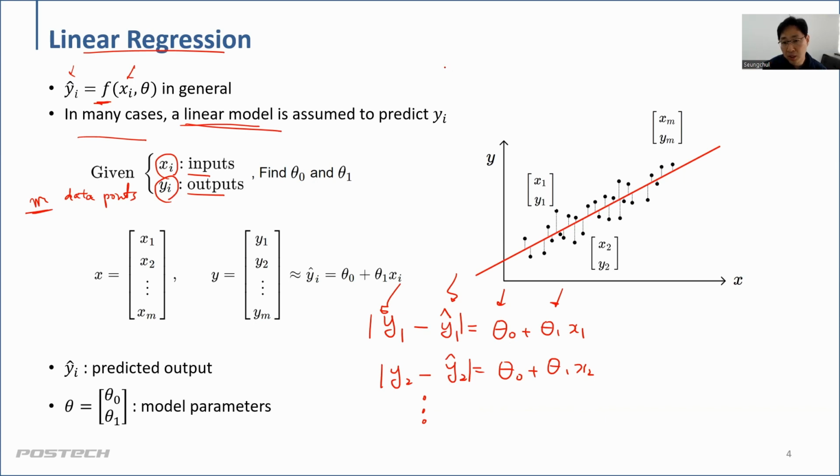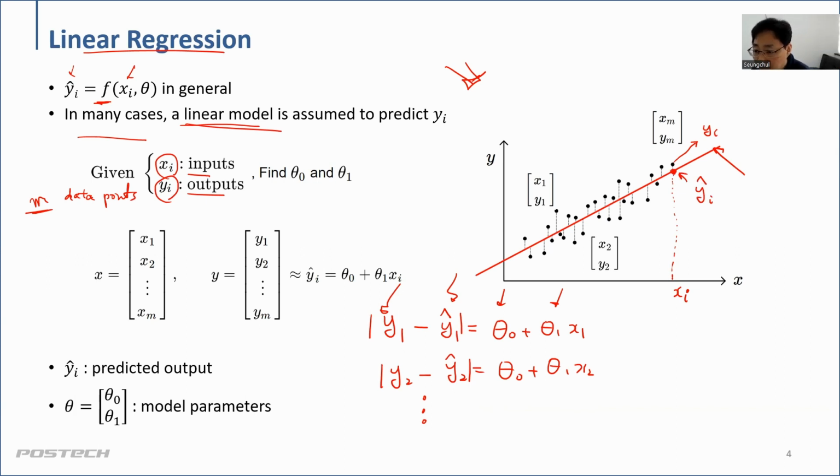Looking at the figures here, say we have this data point, and this one is the true value. But if this is the model, then that one is predicted or estimated.